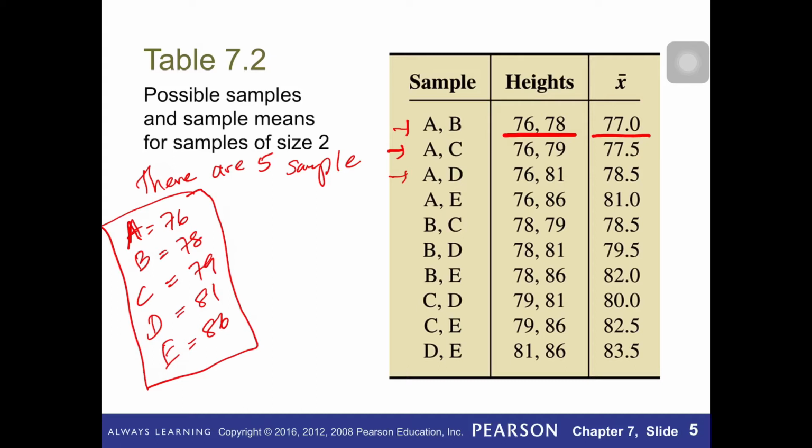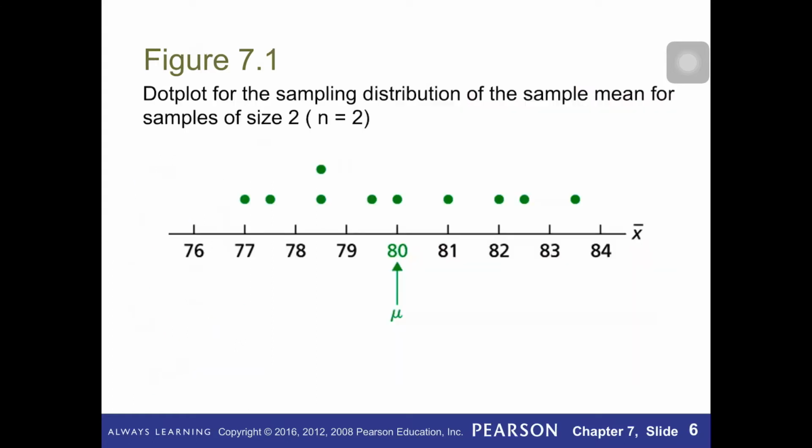Clear? When you consider samples A and C, A is 76 and C is 79, so the mean, x bar, is 77.5. Likewise, you can consider the other pairs.